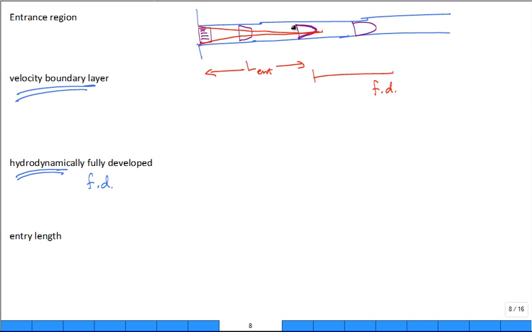So the velocity in the core right at the center line is not accelerating anymore. It did in the entrance region, but not when it's fully developed. So it's not speeding up anymore or slowing down. What happens is when it's in the developing region, the flow near the wall slows down. The flow in the middle speeds up a little until it gets to the right profile.